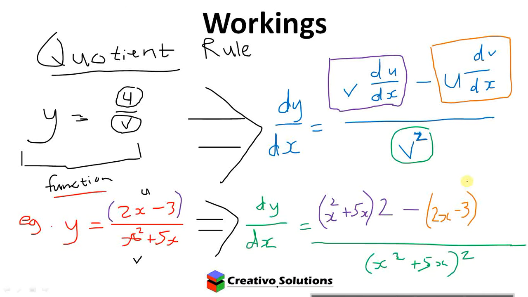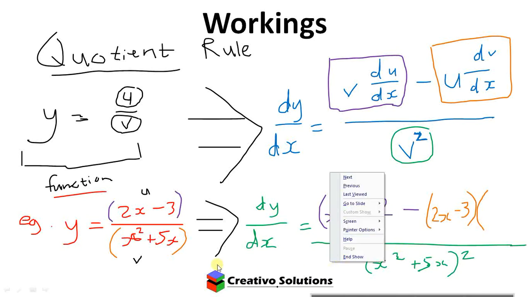Then I need to multiply that by dv over dx, representing the derivative of v in terms of x. Here's v. What is the derivative of x squared plus 5x? What is the derivative of v?